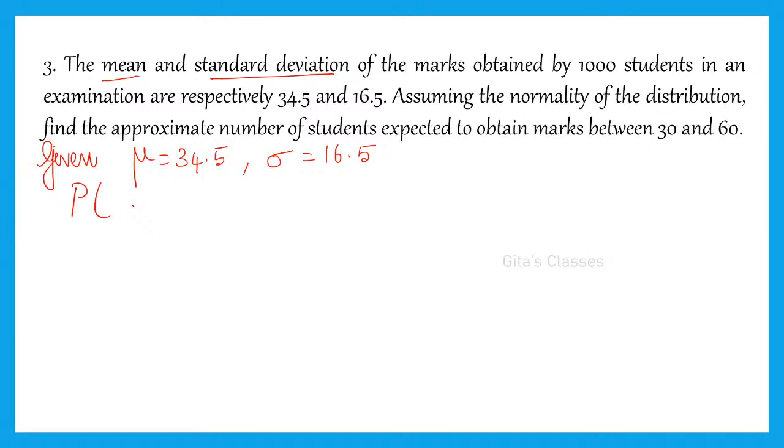Mean is 34.5. Yes, correct. Standard deviation is 16.5. Sigma is equal to 16.5, right? Yeah, 30 less than x less than 60.